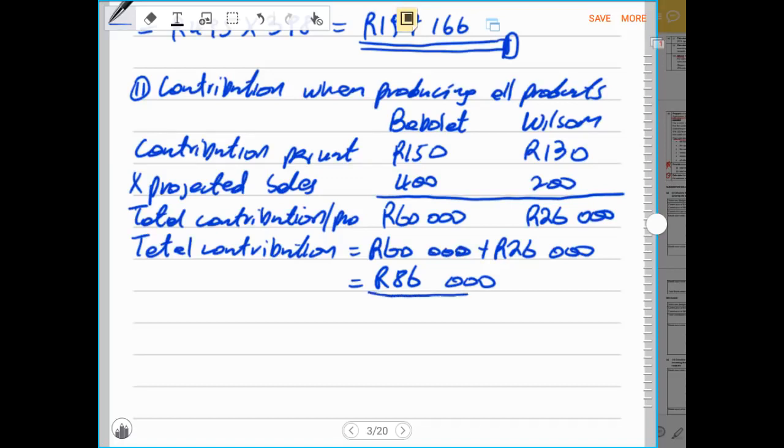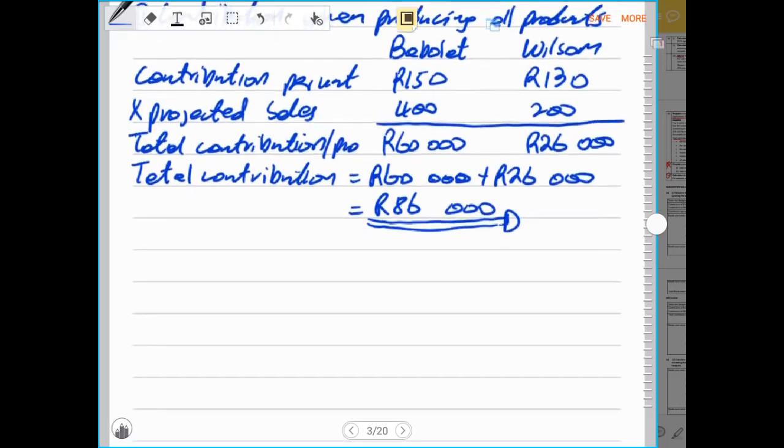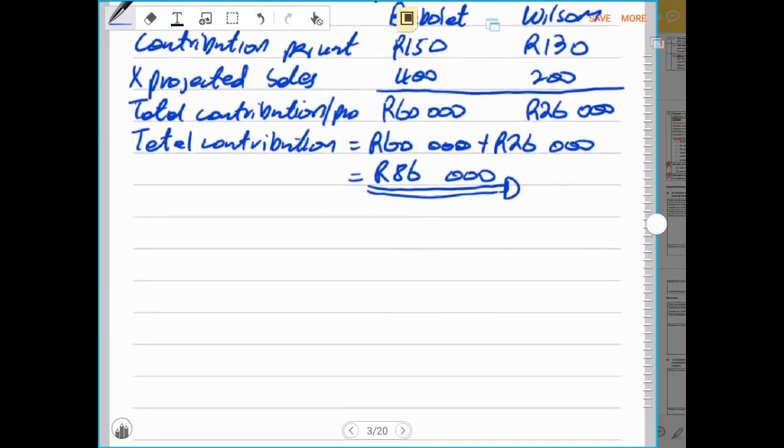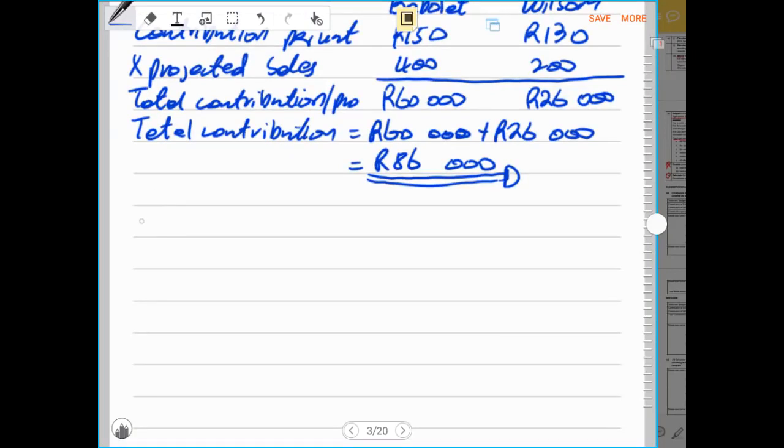Remember, I said that contribution is the portion of your sales that is used to cover the fixed cost. This will be the contribution if they are operating and selling both products. Now we calculate the new contribution, meaning the contribution after they discontinue the sale of the Wilson product.